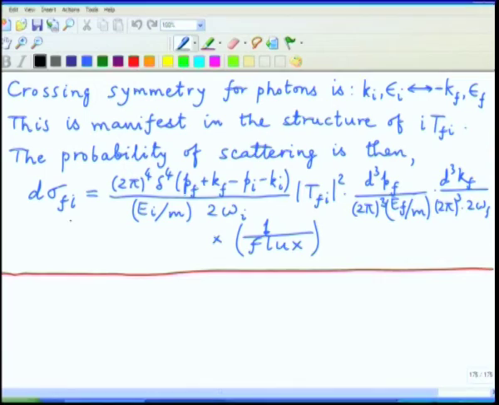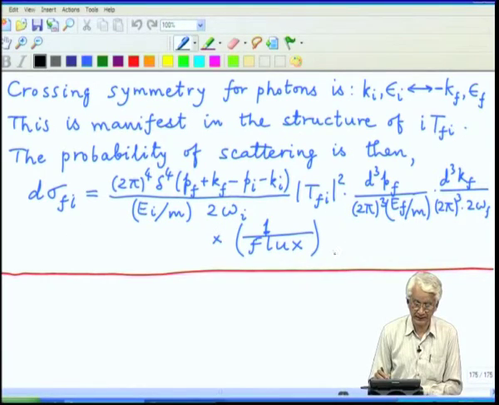So, the expression for the probability of scattering involved various delta functions and the values of the flux, which we have to now calculate.